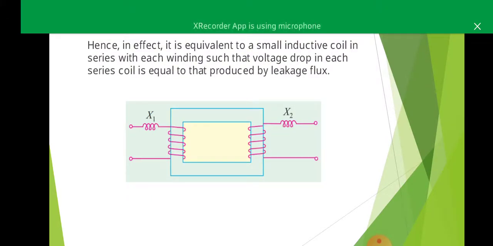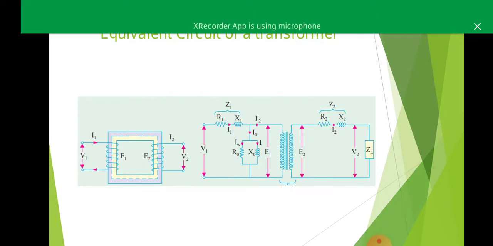Hence, in effect, it is equivalent to a small inductive coil in series with each winding, such that the voltage drop in each series coil is equal to that produced by leakage flux. So this is the equivalent circuit of a practical transformer having losses.